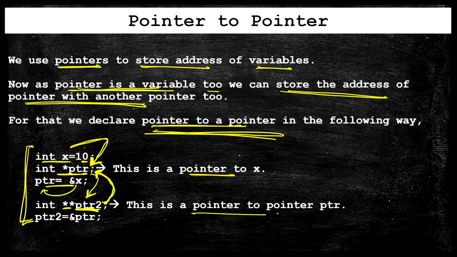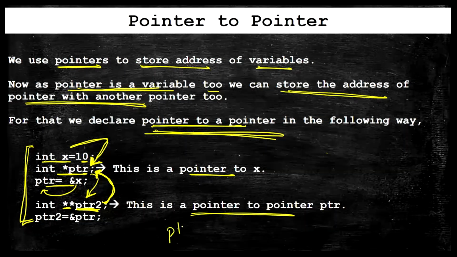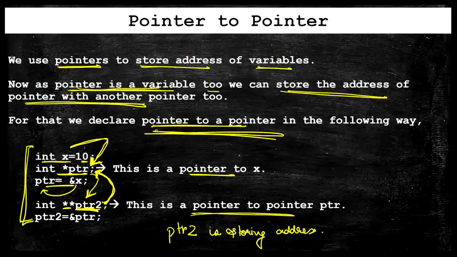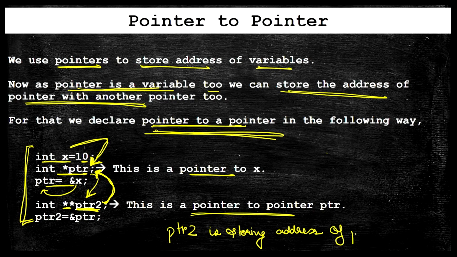ptr2 is storing the address of ptr, not the address of x. Right?